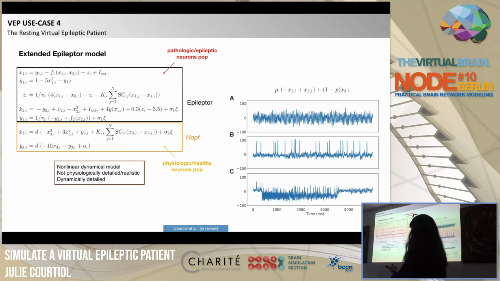So one possible alternative would be to use the data when the patient does not have seizures, so during the interictal state.